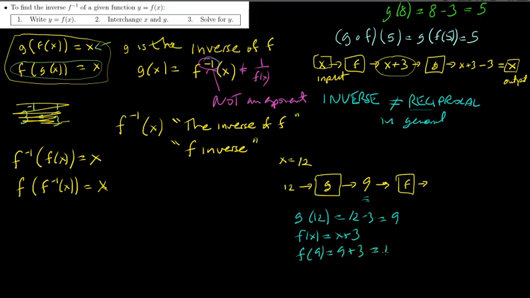And 9 plus 3 is 12. So naturally, f spits out the number 12, which, if you remember, was the original x. So you're still just getting back x here. Makes sense? So in that sense, f inverse undoes the original f.